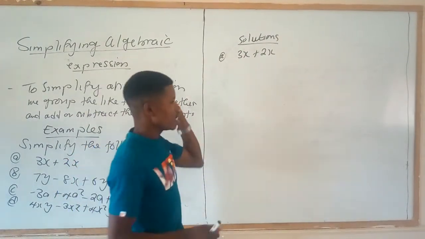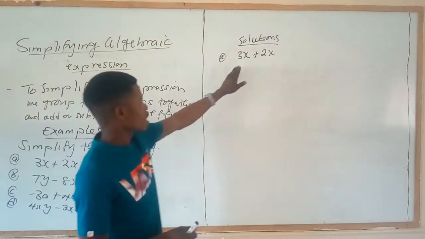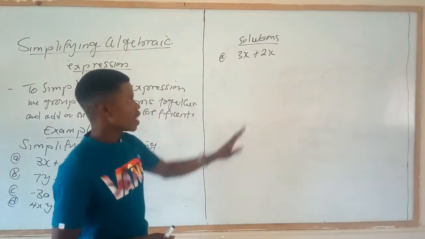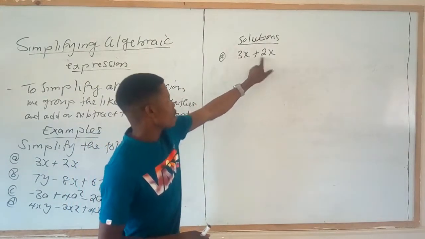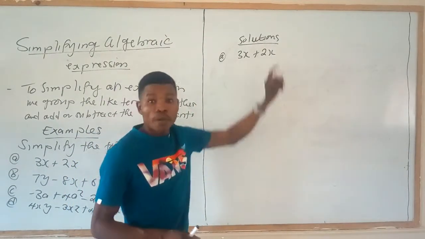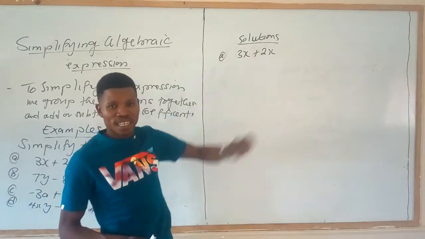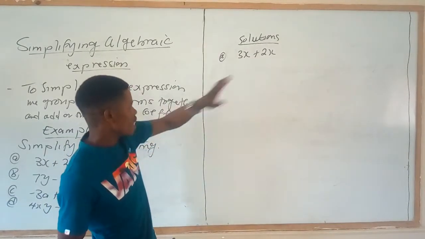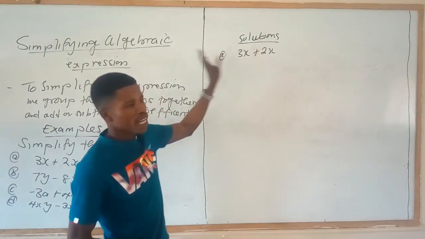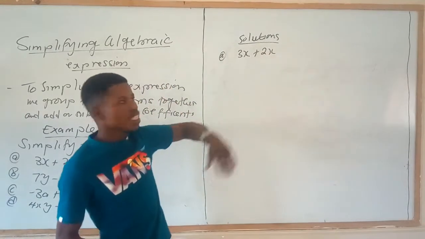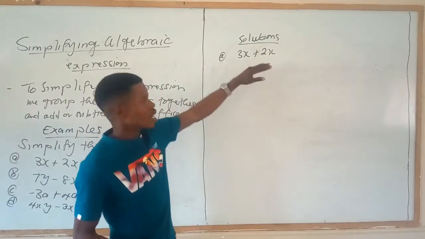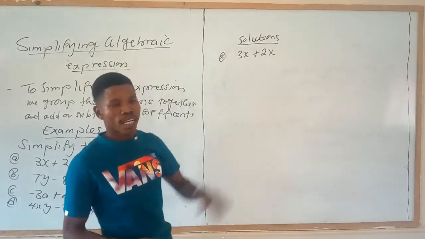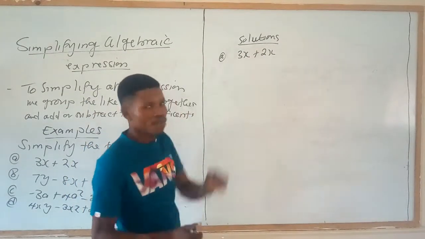From what we explained in the previous video, they are like terms because they contain the same variable. Whether they have different coefficients or not, as long as the variables are the same, they qualify to be like terms. Don't pay attention to the coefficients. Our main business here is to see whether the variables are the same, and that makes them like terms.